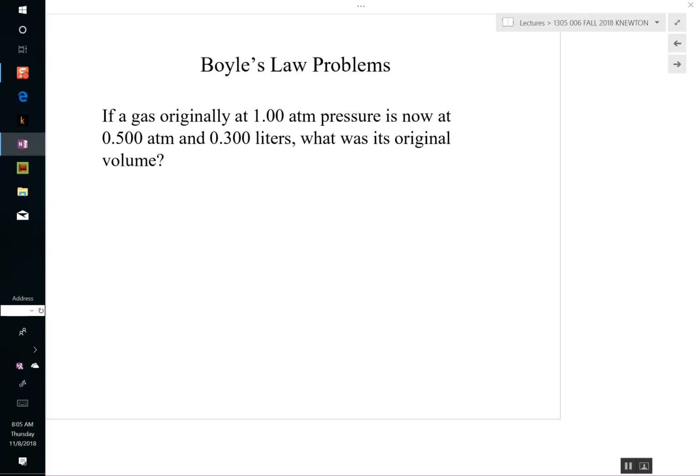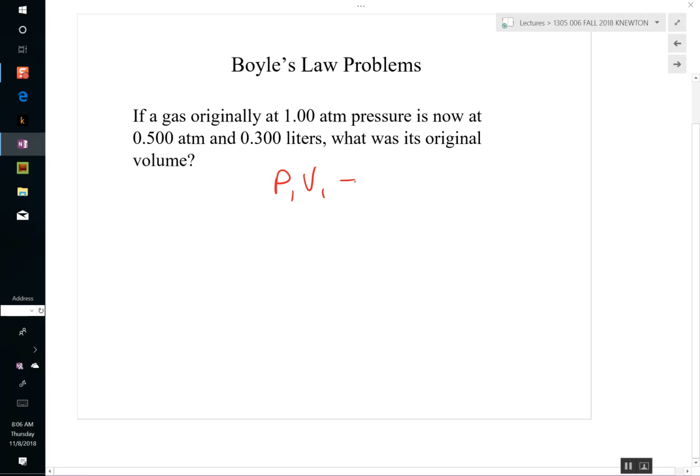I don't know if you could concentrate on this with all that talking of mine, but all right, this is a Boyle's Law problem. So you should bring up Boyle's Law. Start there. There's 4 things, and usually in these problems you're going to have an equation and you're going to be missing one thing.